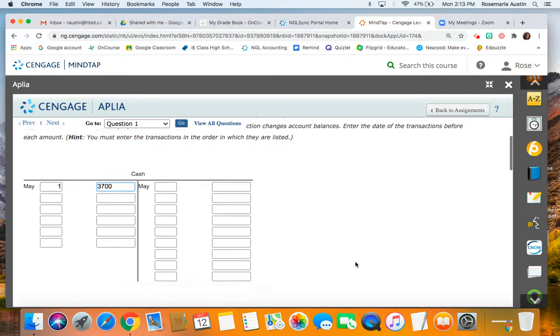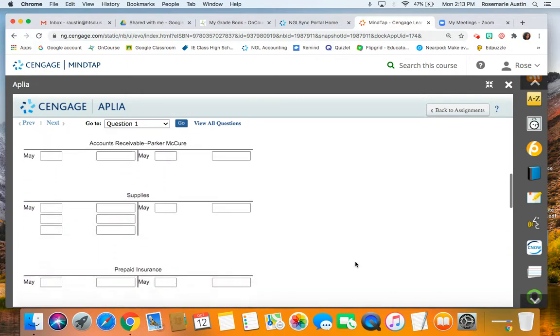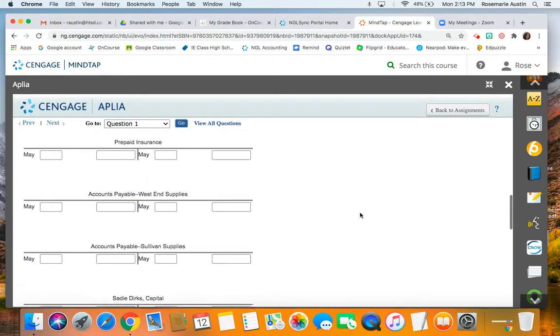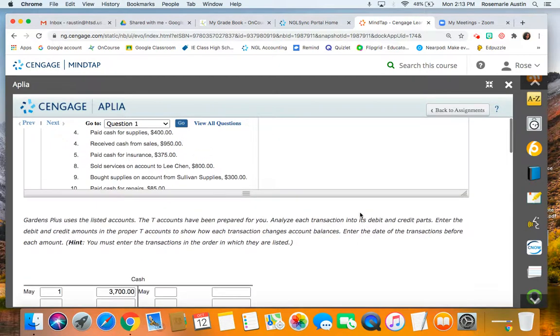The credit part will be in the other account, the owner's capital account. So May 1st and $3,700. That makes sense because investments increase owner's equity, which is the owner's capital account, on the right-hand side, which is the credit side.